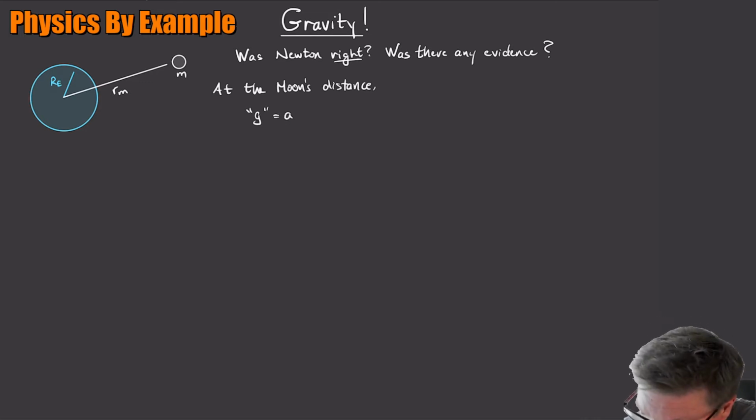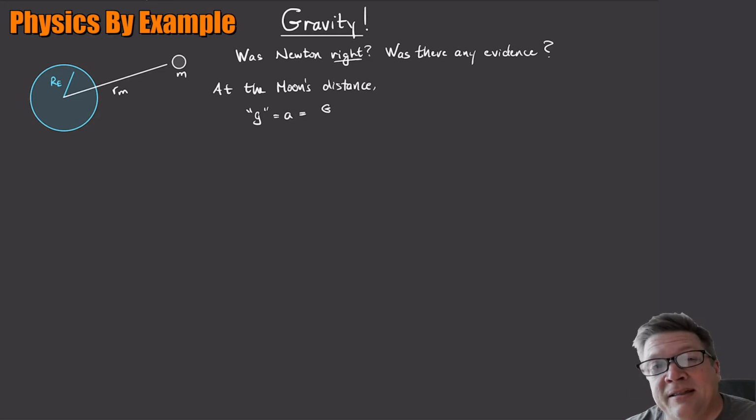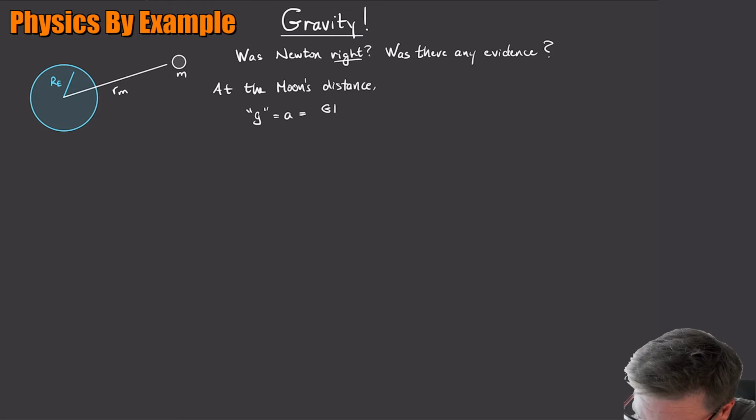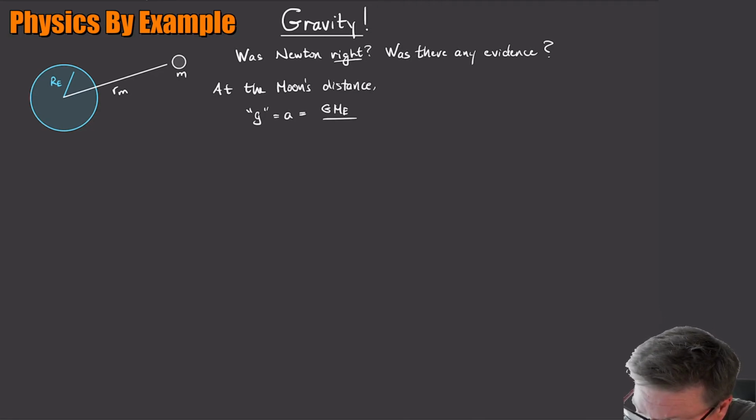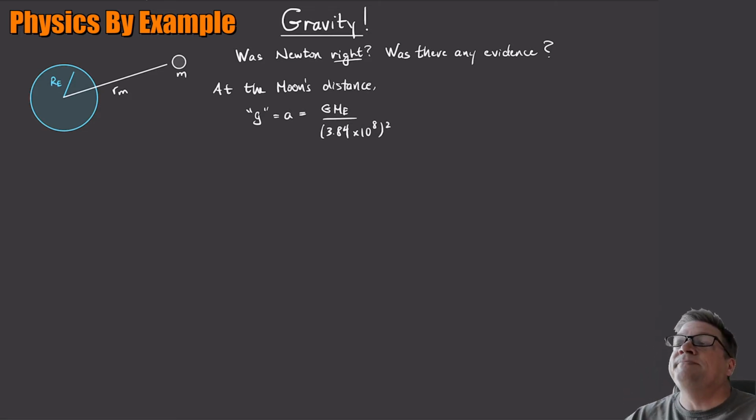Its acceleration is just G times the mass of the thing that it's orbiting, which is the Earth. So it's G times the mass of the Earth divided by how far away from the center of the Earth it is. And the mass of the Earth we already know. Let's see, the distance to the moon is like 3.84 times 10 to the 8th meters, and then we're going to square it.